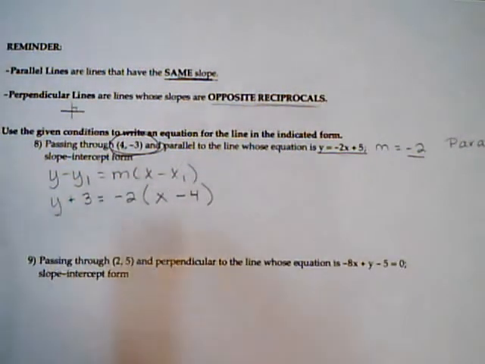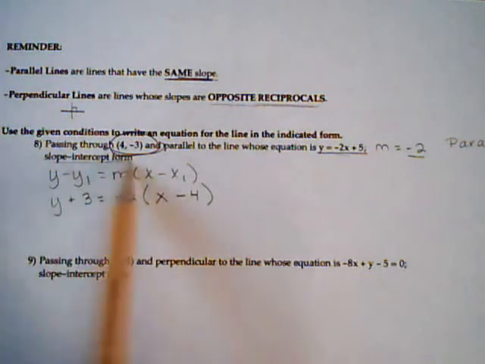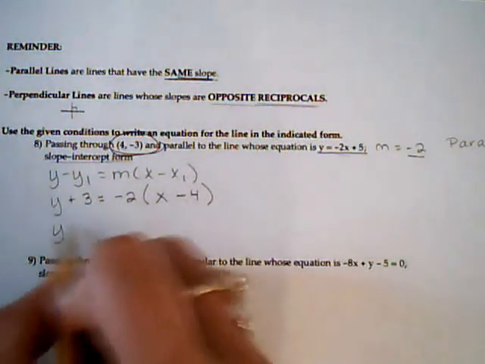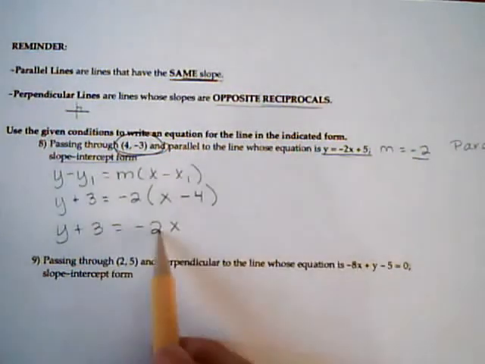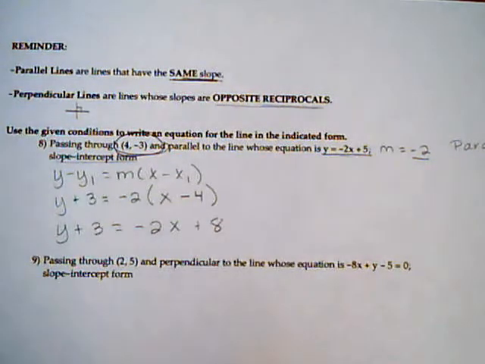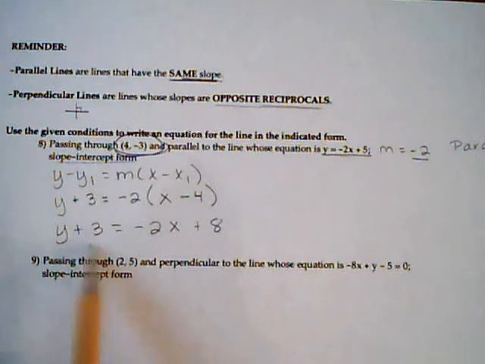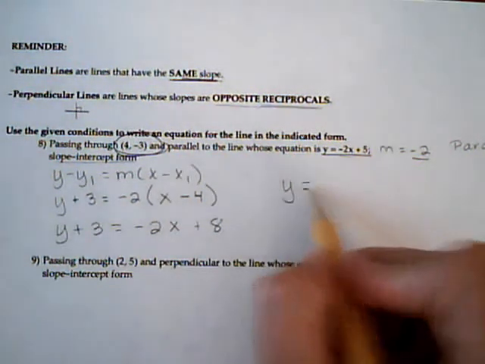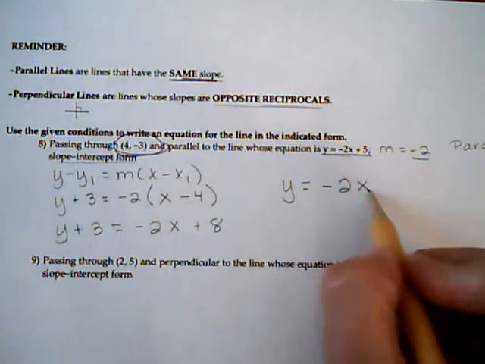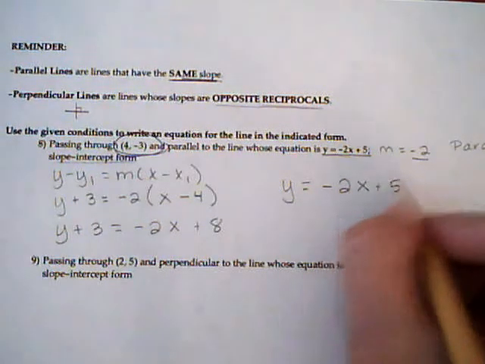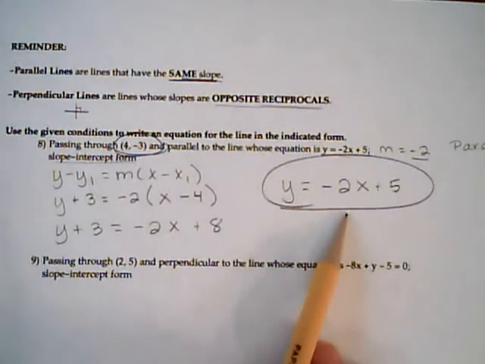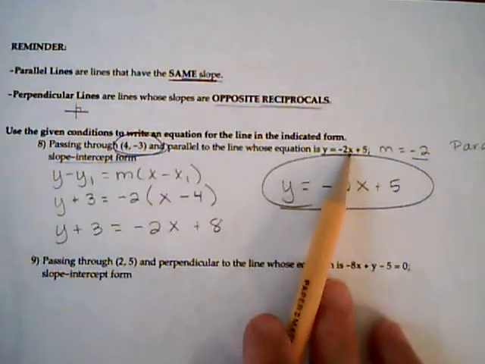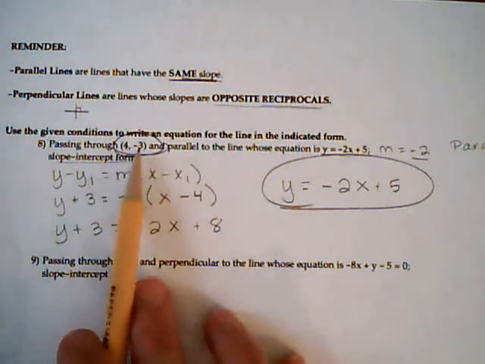Remember, this is point slope form. This says to write it in slope intercept form, so that means I need to distribute the -2, so that would be -2x plus 8, subtract 3 from 8 to get y by itself, so y equals -2x plus 5. This would be the equation of a line that's parallel to the given line, and it passes through the point that was given.